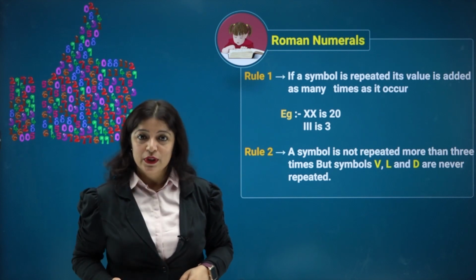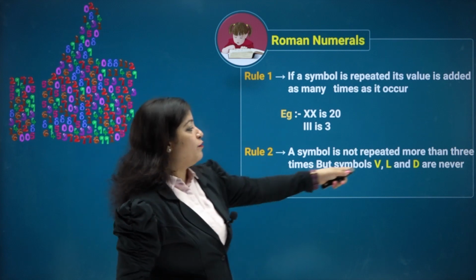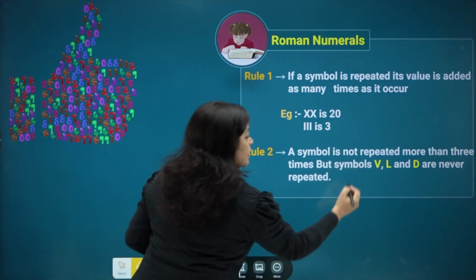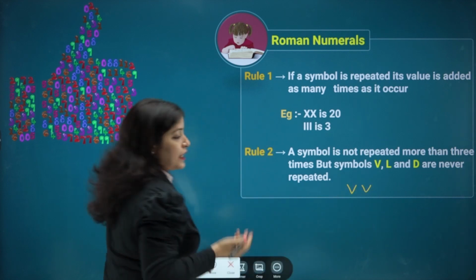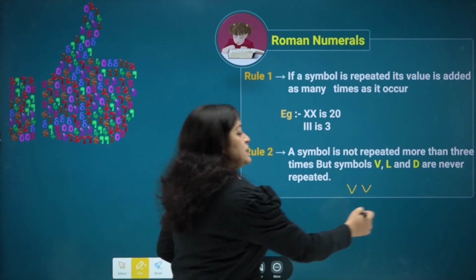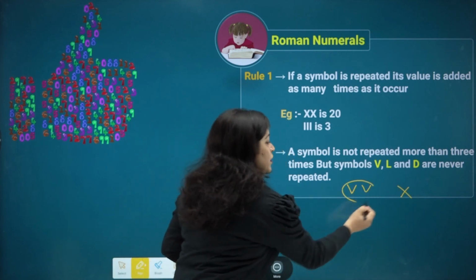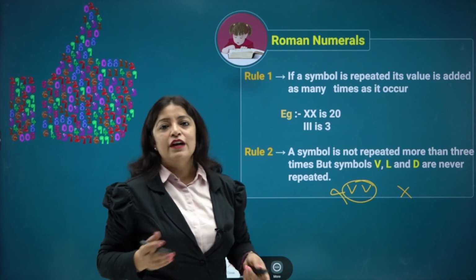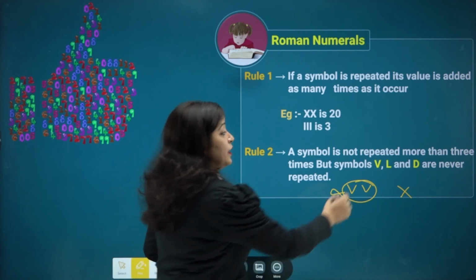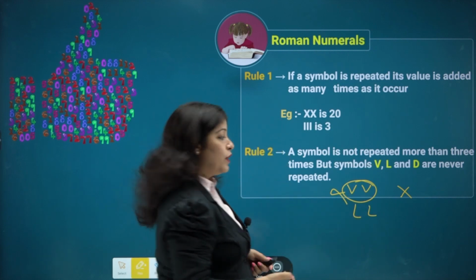Now how to remember this? If the letter V were repeated, you would get V and V, which stands for 5 plus 5, 10. And you have a separate symbol for 10, that is X. So this is worthless, and we don't repeat the letter V. Similarly, if you repeated L, 50 and 50, what value will you get?